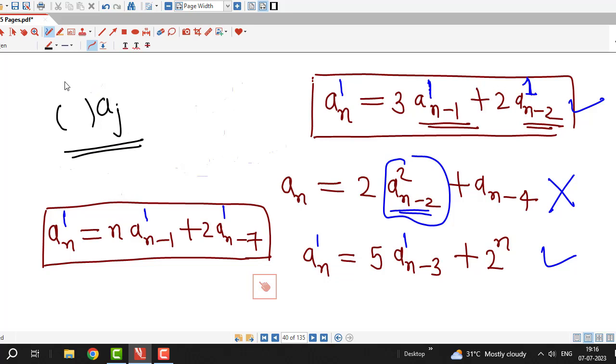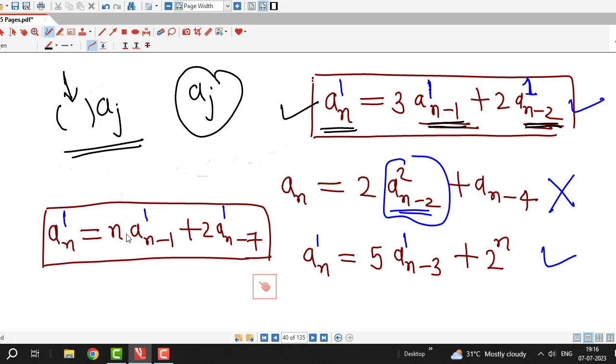Here I have an, here I have an minus 1, here I have an minus 2. There are 3 terms and all the terms are multiples of aj.